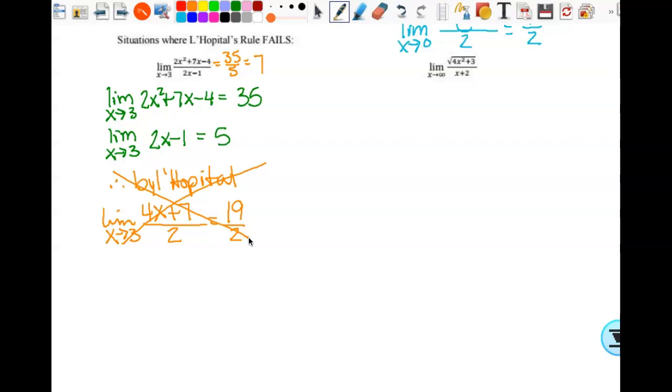So let's look at this next one here. The limit as x approaches infinity of the square root of 4x squared plus 3, over x plus 2.